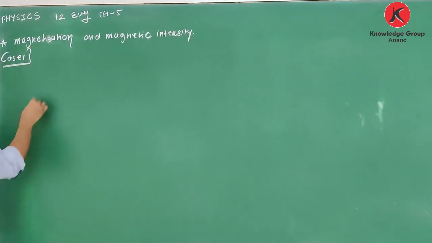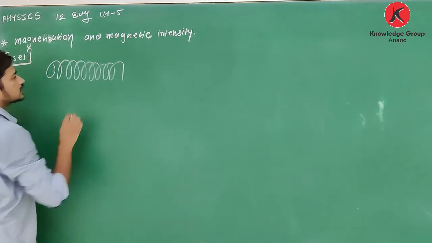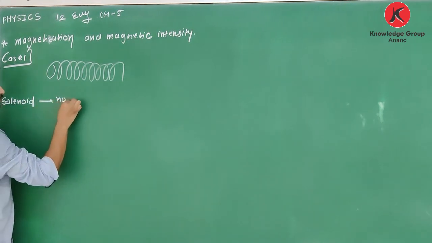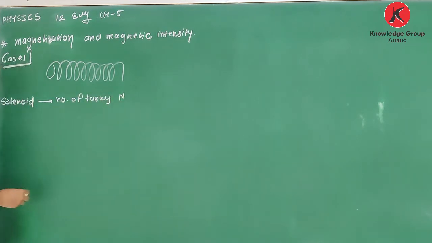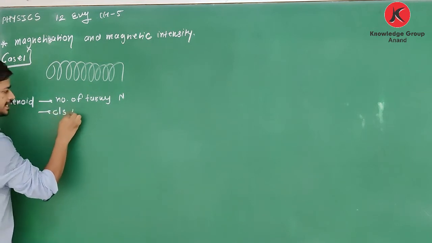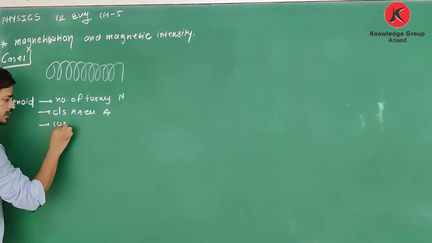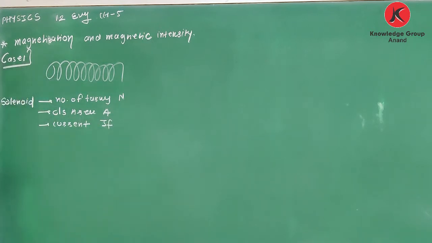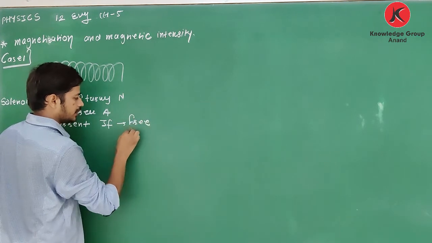In case 1, I have one solenoid, having N number of turns and cross-sectional area A. The current flowing through the solenoid is IF, where IF is called free current.